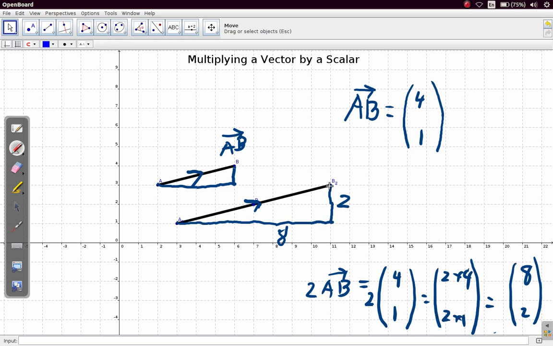And we get the new vector. Just multiply the horizontal and vertical components of the vector by the scalar, and what we get is the new vector. So that's another look at multiplying a vector by a scalar.